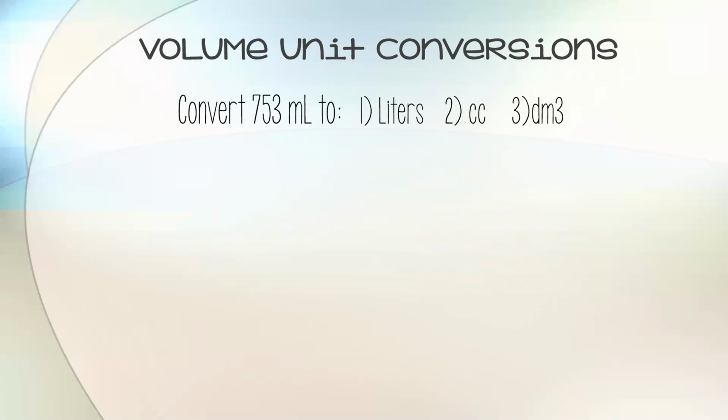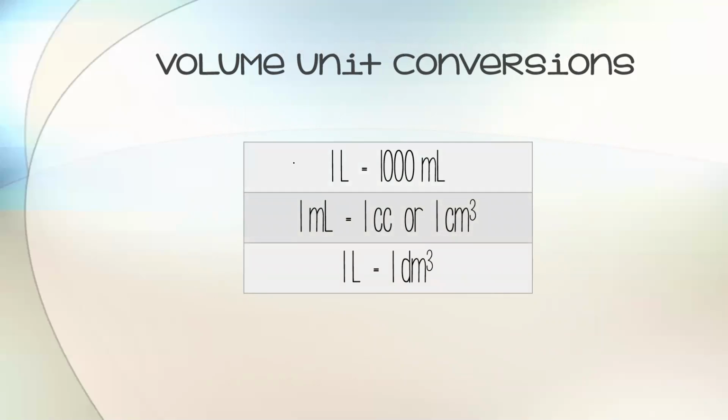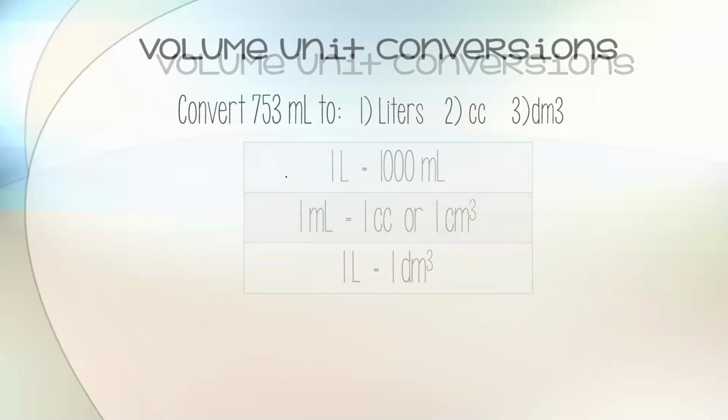So it says, convert 753 milliliters first to liters. So number one, and you need to show your work for this. I know that these are easy calculations and you can probably do them in your head, but for this chapter, please show them. So I've got 753 milliliters. I need to go back and reference my chart. So I'm going to be using this one. 1 liter is equal to 1,000 milliliters.